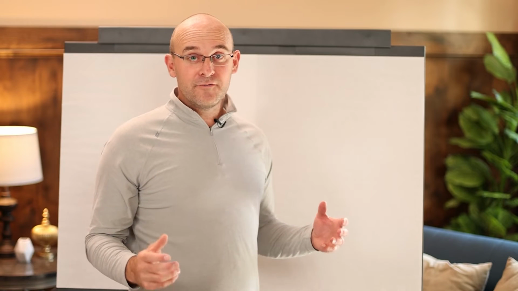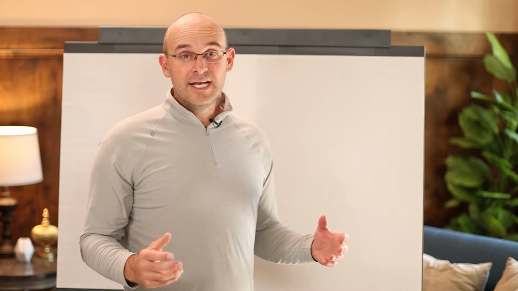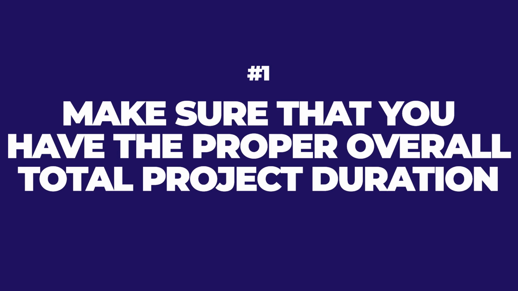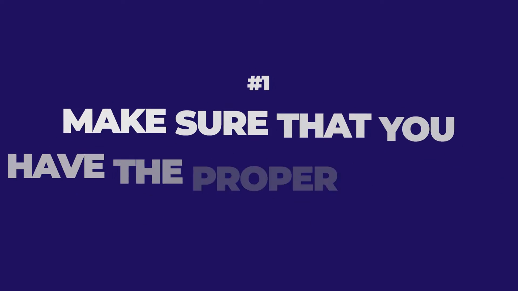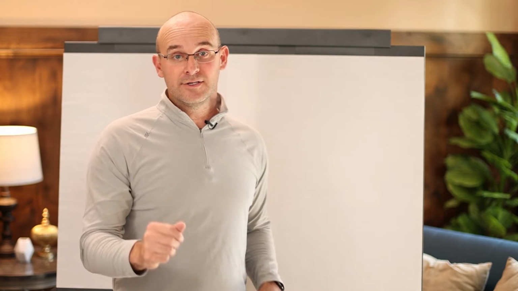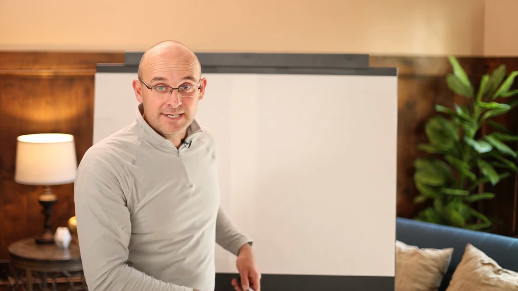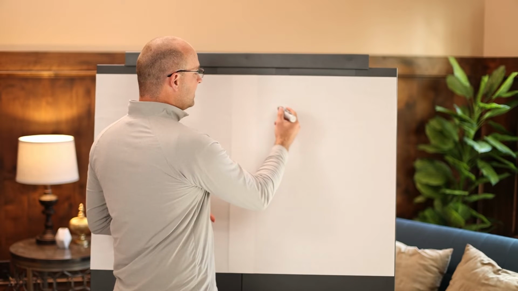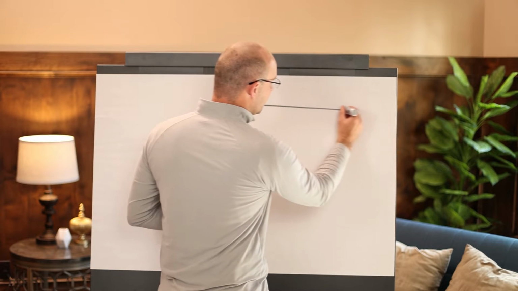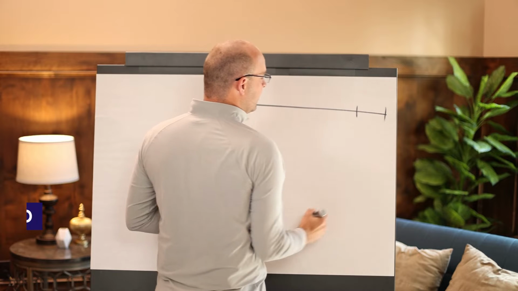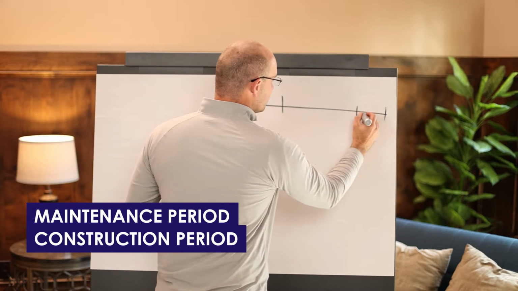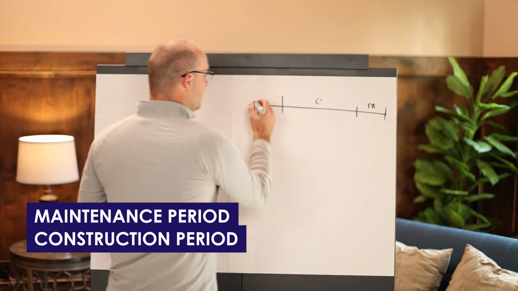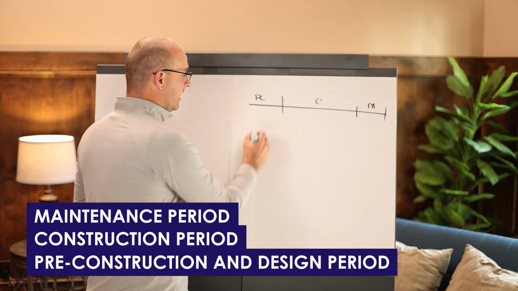All right. So the first thing that you're going to want to do is make sure that you have the proper overall total project duration or the right end milestone. Let me draw some things up here on the board. Typically in construction, throughout the life cycle, you have the maintenance period, the construction period here in the middle, and then you have pre-construction and design.